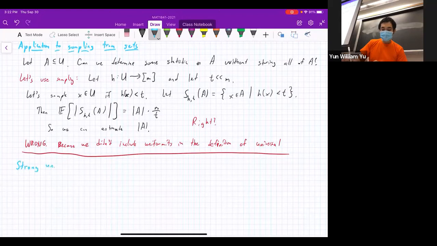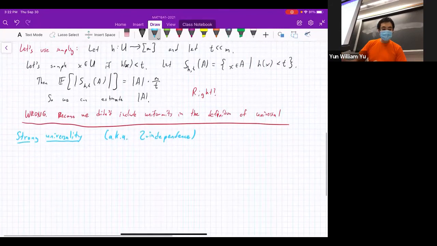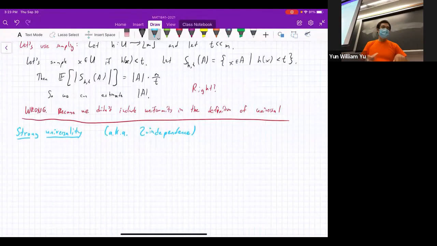So strong universality, which is also known as two independence for reasons that will become clear in a bit. Strong universality is when a hash function, I'm going to write it slightly differently, but the intuition is that we are going to actually get this uniformity property.